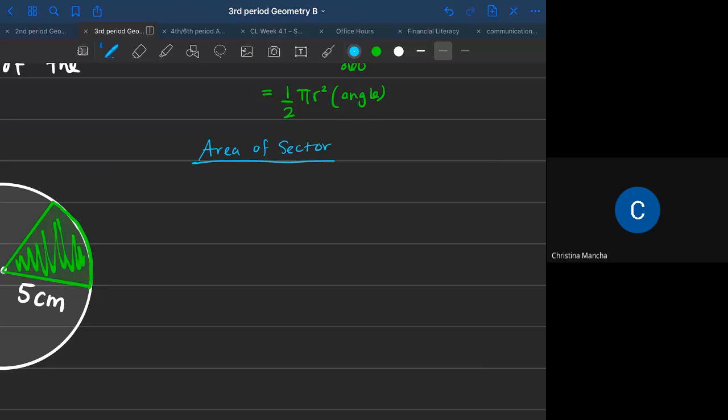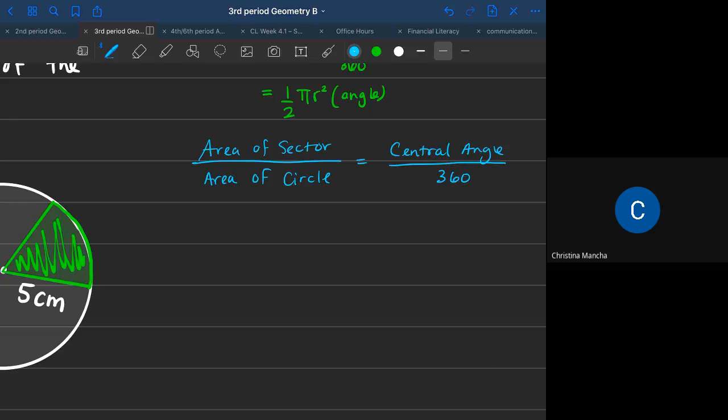And that's going to be over area of circle, okay, is going to be equal to the central angle divided by 360.